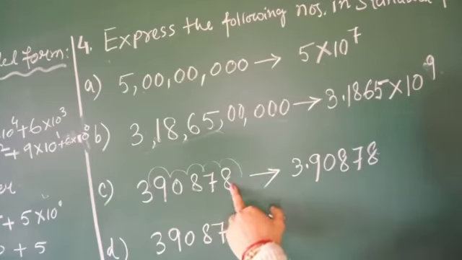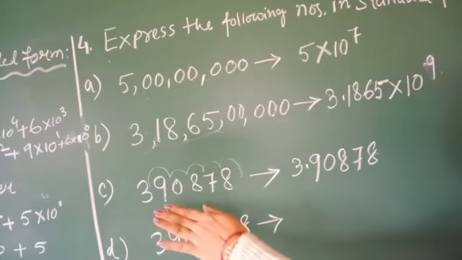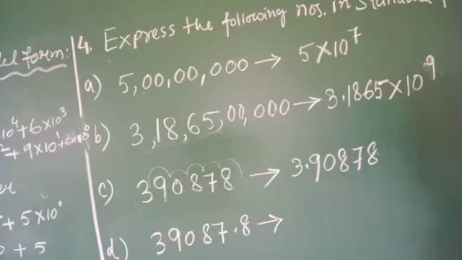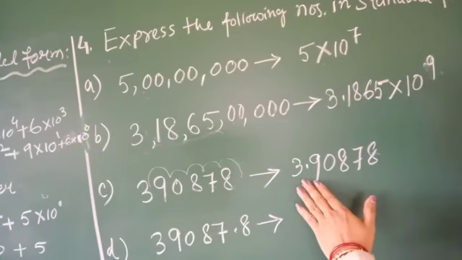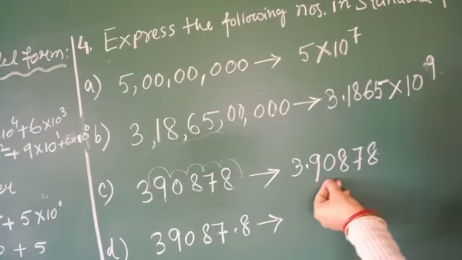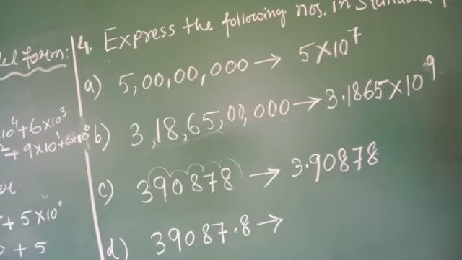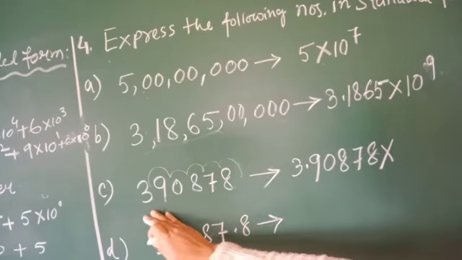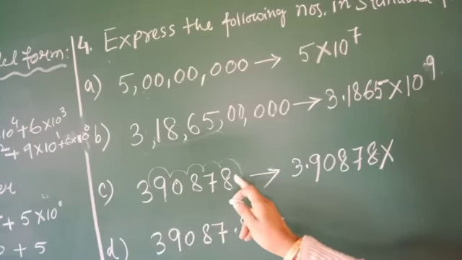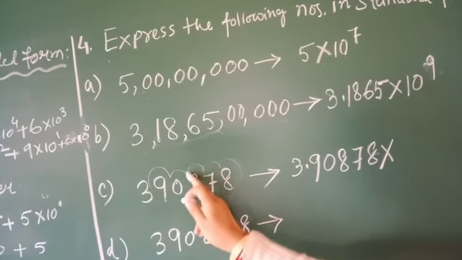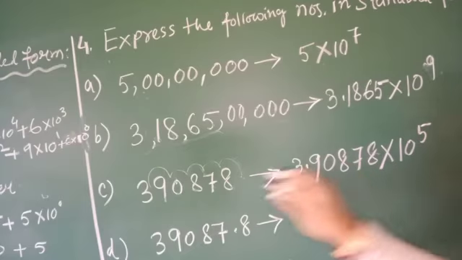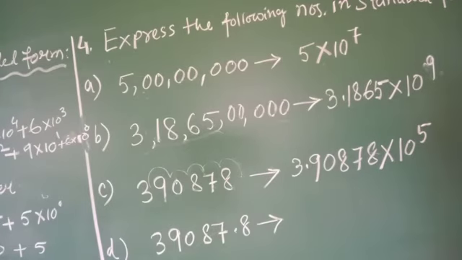Whatever the digits are, I have written, but the number was once 3,90,878 (3 lakh), and I am writing a very small value, 3.90878. That is not possible, so I have to keep the value as it is. So I will multiply the number by 10 to the power 1, 2, 3, 4, 5. 10 to the power 5. Then the number will be the same as given here.